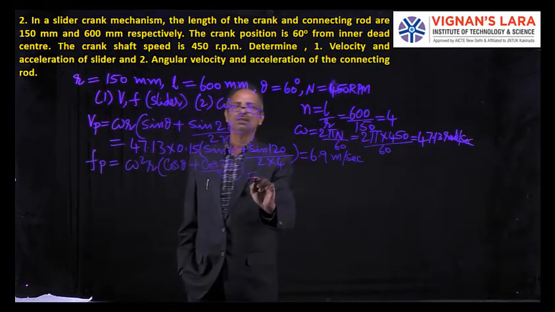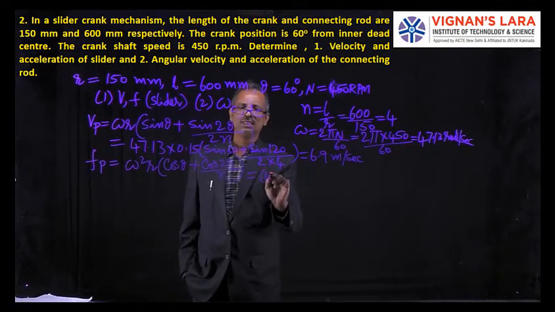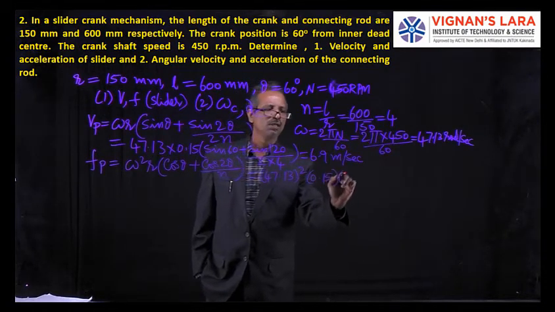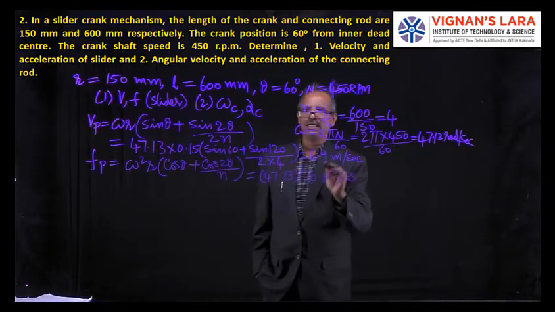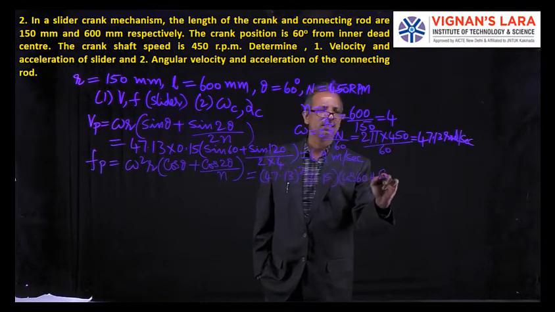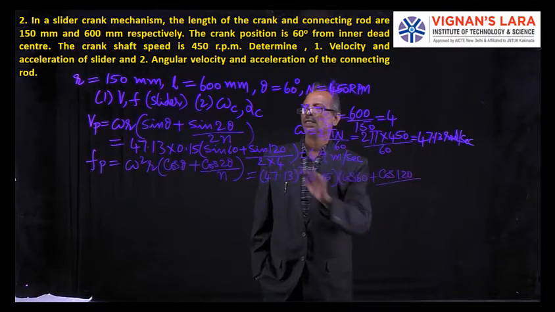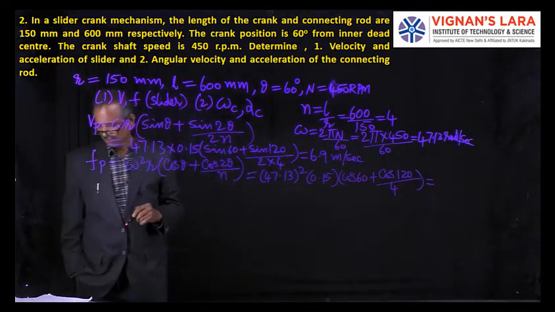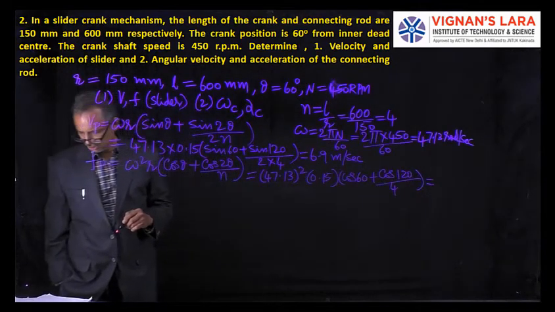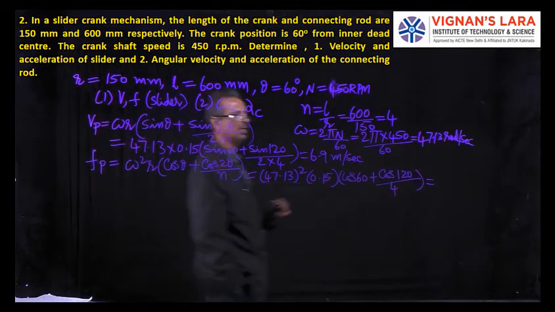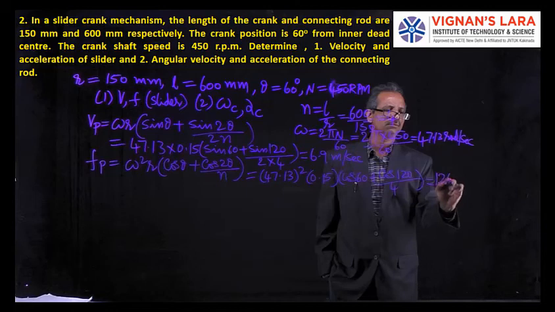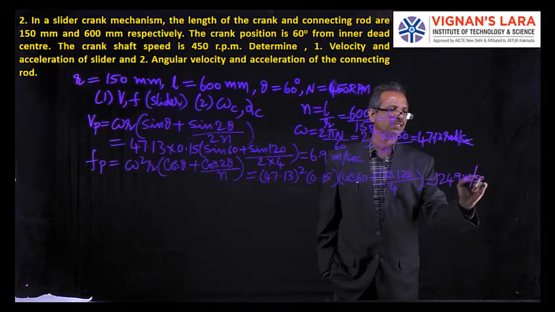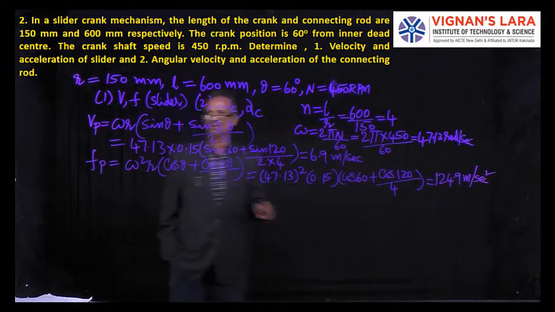Once again substitute omega 47.13, R 0.15, cos theta 60 plus cos 120, n is 4. If you substitute in this equation, you get 124.9 meters per second square. This is the acceleration. This is the first bit.